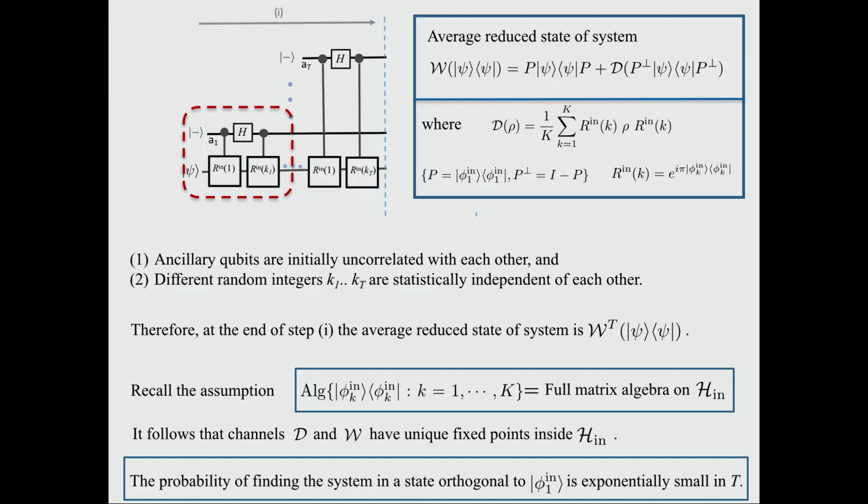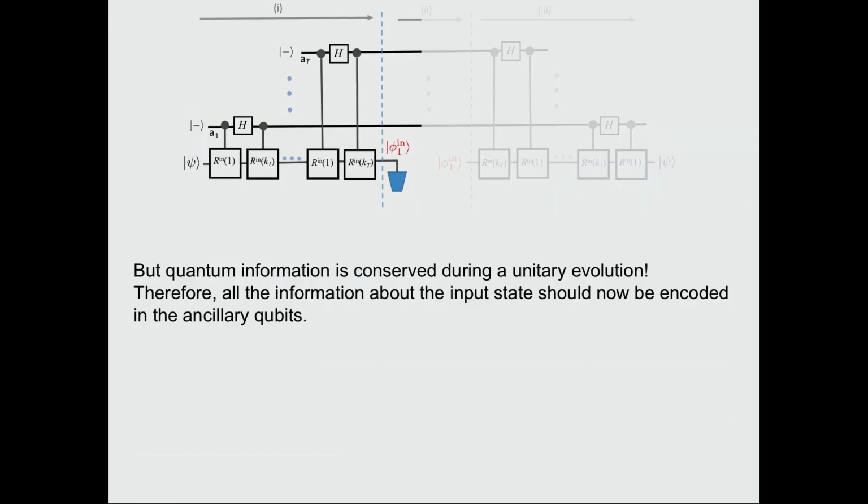With the probability of not being in a state phi 1 in being exponentially small in t. Okay, so for now, let's assume that I am in a state phi 1 in at the end of this stage. So if I'm in a state phi 1 in, it means that the final state of the system at this point is independent of the initial state psi, right? So it's just in a fixed state, which is independent of psi.